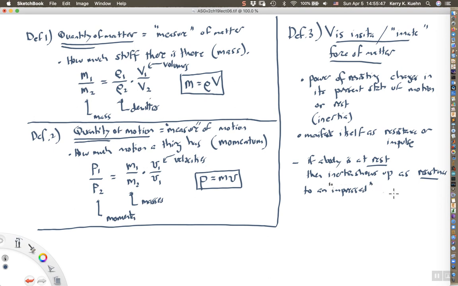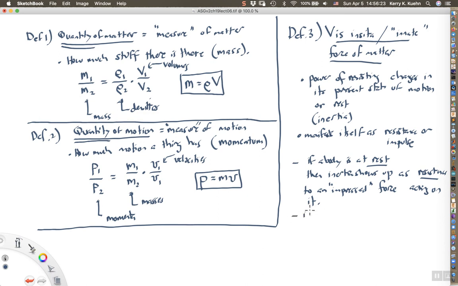I'm going to put this in quotation marks, an impressed force acting on it. So for example, if you have a dresser in your bedroom, it has inertia. It has a power of resisting changes in its present state of motion. So if your dresser is at rest in your room and you try to push it, it resists that impressed force acting on it. It's hard to move it. So the inertia is showing up as this resistance to moving.